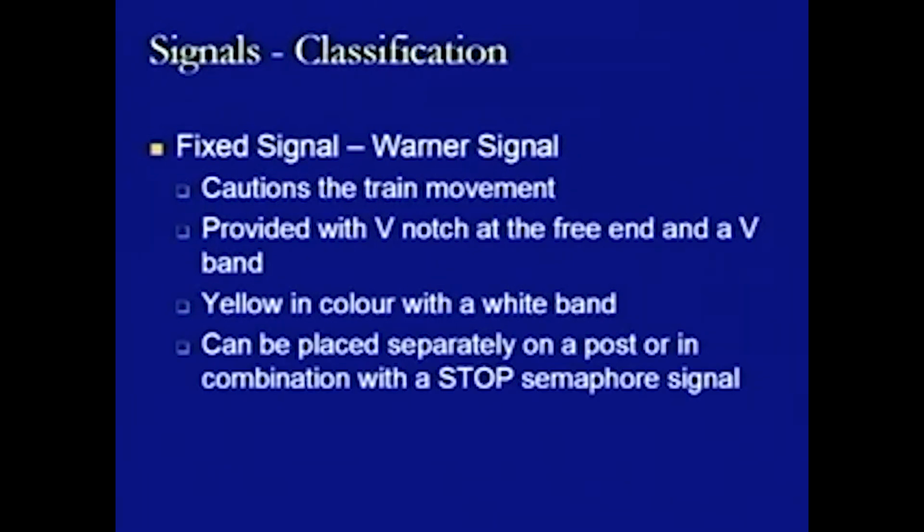Then this type of a Warner signal which is trying to define caution can be placed either separately on a post, or it can also be placed in combination with a stop semaphore signal. So, these are the ways by which we can do it. It depends what is the requirement where the thing is to be provided, and accordingly we can either economize or provide the things.